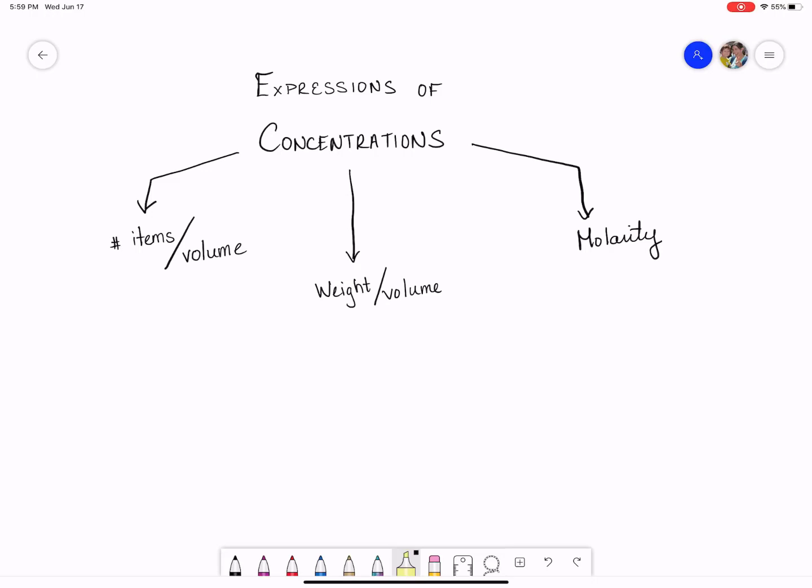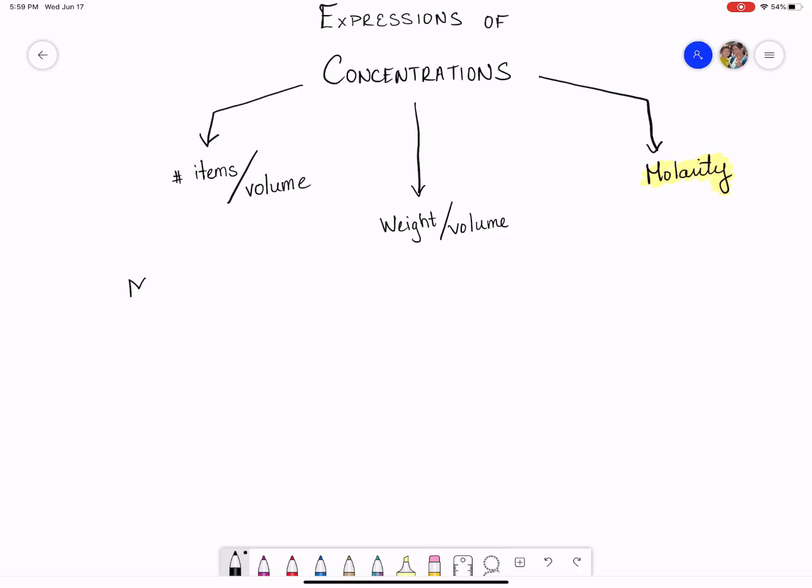Now, the final approach to concentration is perhaps the most challenging one for students to grasp. It feels very awkward, especially if you've never really worked with this before, and that is moles and molarity. So we're going to get started by first looking at something called molecular weight.